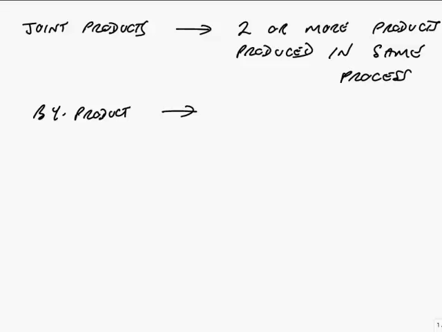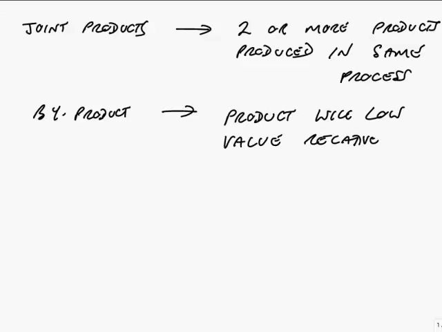The strict definition, though, it is really a third product, but it's a product with a low value relative to the main products. And there's no definition of what constitutes a low value.